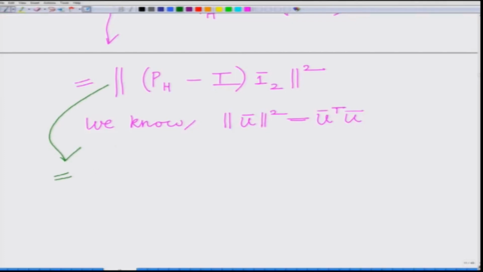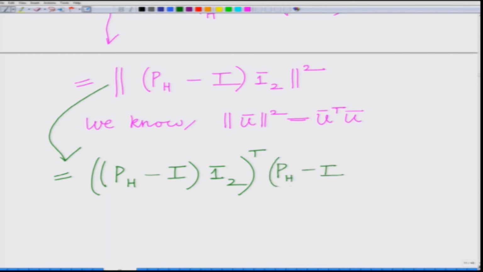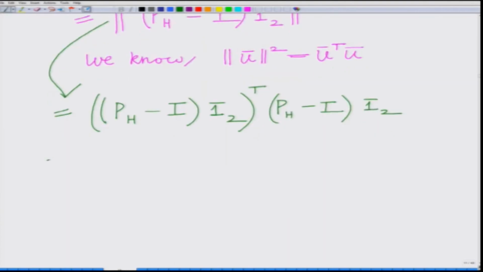The norm of this vector square is the vector transpose times itself, which is equal to 1 bar 2.